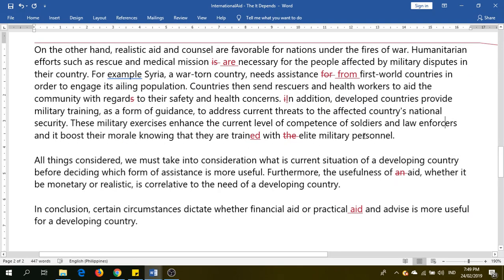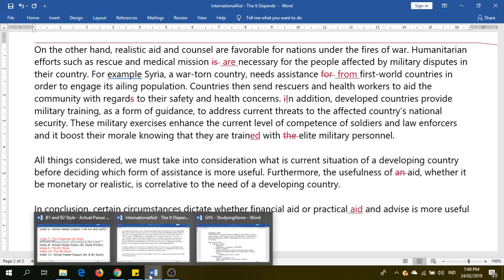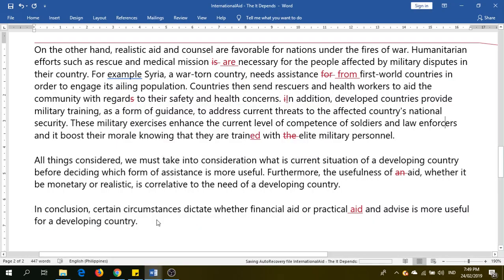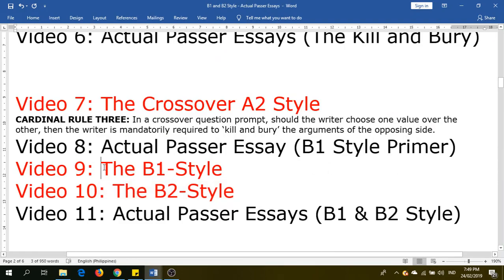So by this time, everybody must have been already convinced that the it depends or the B2 style or the B1 style, the coexist, are real argumentative structures and they're effective for the IELTS exam as proven by the actual passer essays that you just saw right now.